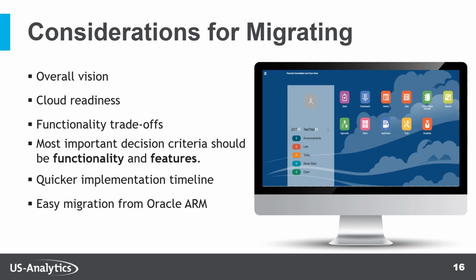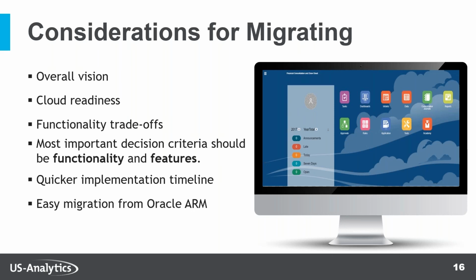Functionality trade-offs, depending on what application you're coming from, I've not come across an FCCS implementation that could not successfully go through because of lacking functionality. There was this long time comparison of HFM to FCCS, especially when FCCS was first released, there were these comparative sheets of what FCCS can do and not do yet.